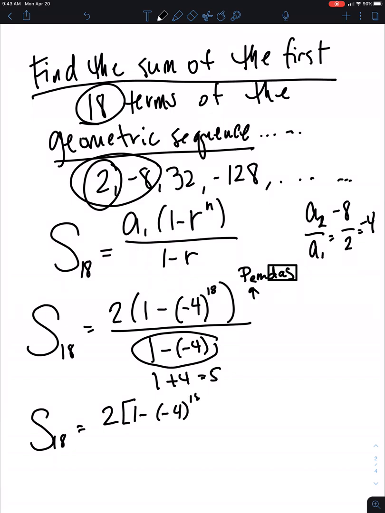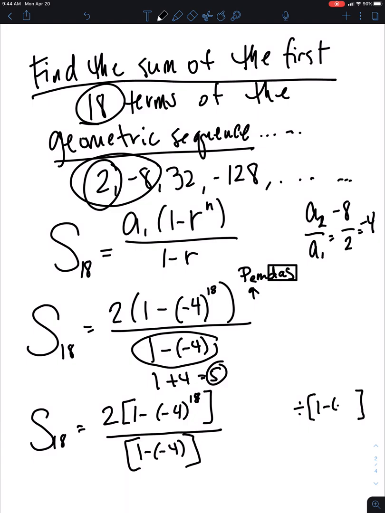This is where it gets tricky and where people miss the problems. If you want to put in 1 minus -4 in your calculator, you're going to have to put another parentheses around this. If you want to make it 5, that might make it easier. But when you do a divide in your calculator, anything on the denominator has to be grouped together. So you have to do this in extra parentheses along with this part.